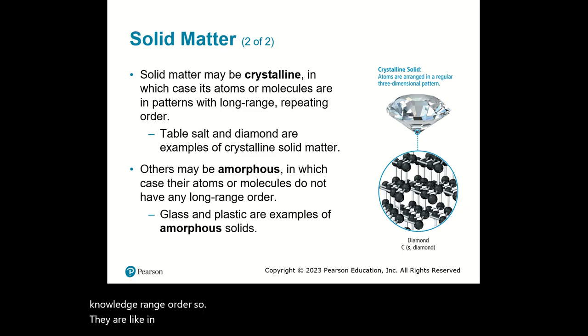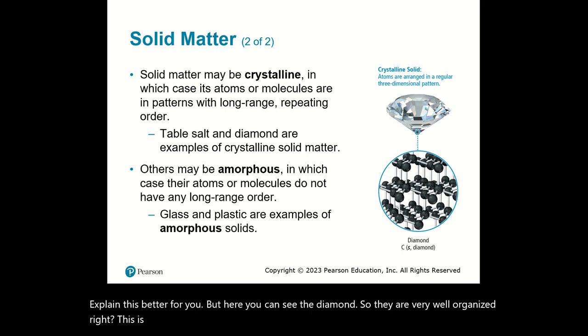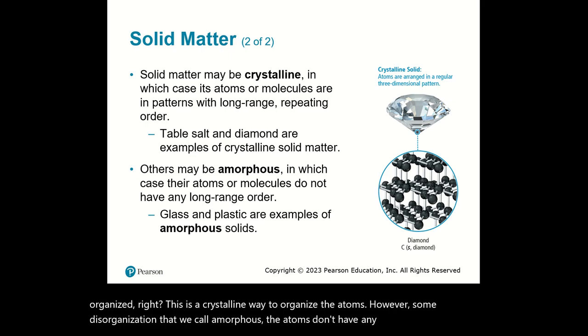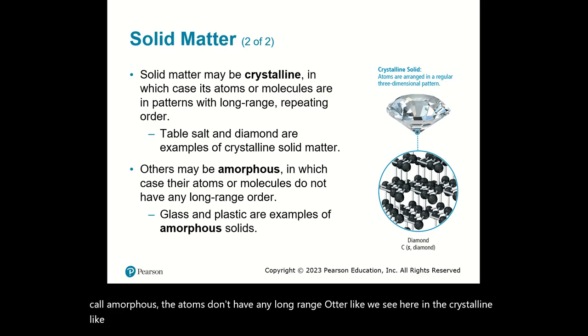I need my pen here to explain this better for you. But here you can see the diamond. They are very well organized, right? This is a crystalline way to organize the atoms. However, with some disorganization, which we call amorphous, the atoms don't have any long-range order like we see here in the crystalline. Glass and plastic are examples of amorphous solids.